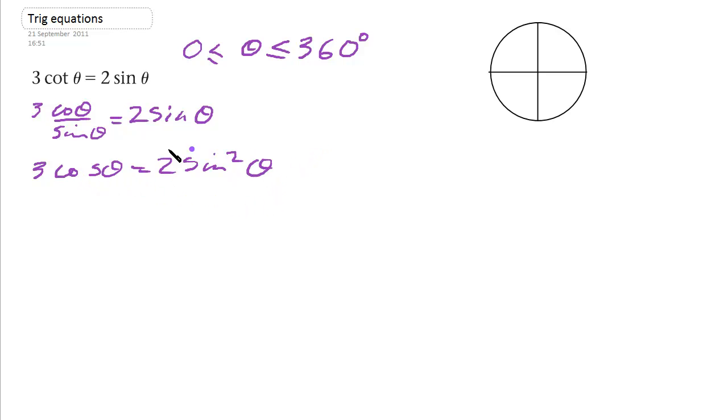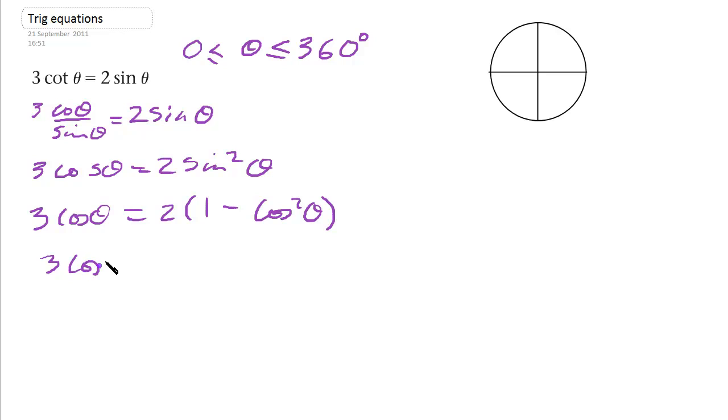Now we want to try and get this all in cos, because with the sine squared we have a relationship between sine and cos, but with just the cos we don't have a relationship. So we're going to use 1 minus cos squared here. So 3 cos theta equals 2 open brackets 1 minus cos squared theta. So that gives us 3 cos theta equals 2 minus 2 cos squared theta.